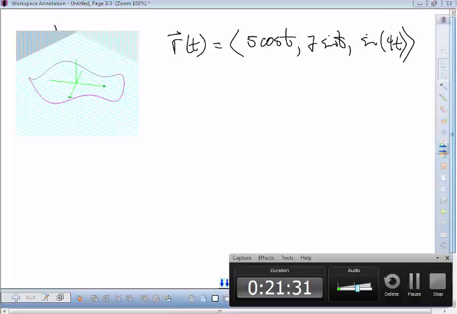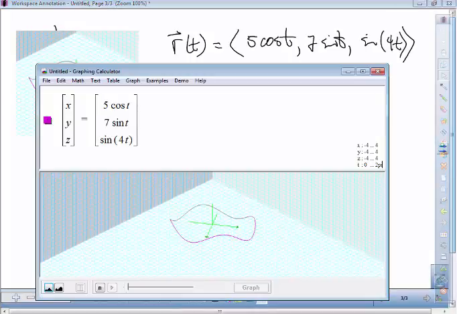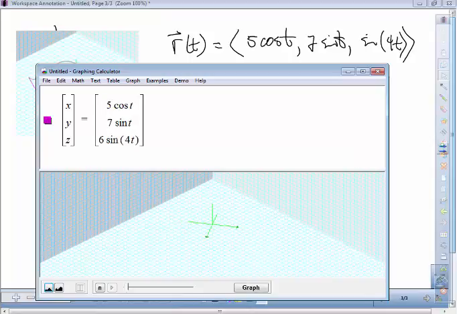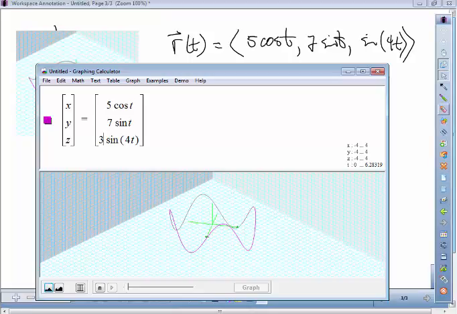Sorry, I'm going to change it. Somewhat. I don't want to get too crazy now. Let's try multiplying this by 6. A little too much. 3. Is that okay? 3 or 6? 3. 3 looks nice. All right, I'll go with 3.